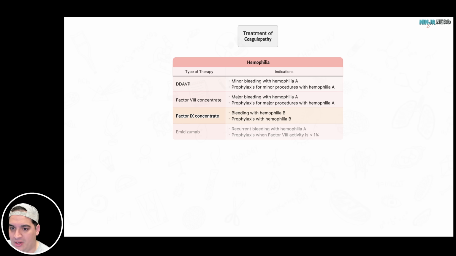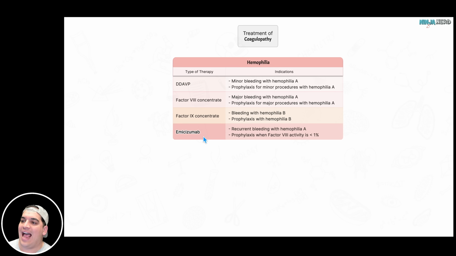The last thing that we could consider is if a patient has hemophilia A, they have minor bleeding, you give them DDAVP. All of a sudden they have severe bleeding, you give them factor VIII concentrate. If they still continue to have recurrent bleeding, despite DDAVP and factor VIII concentrate, and then you check their actual factor VIII activity level, and that's less than 1%, dude, you have to give them something that can act as a glue. It can literally act like factor VIII, and it can help to glue factor IX and factor X together and activate factor X. And that's where this drug called emicizumab comes into play.